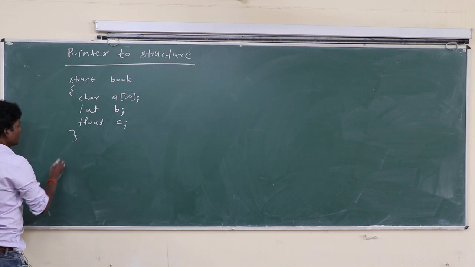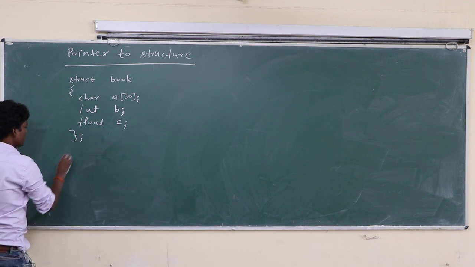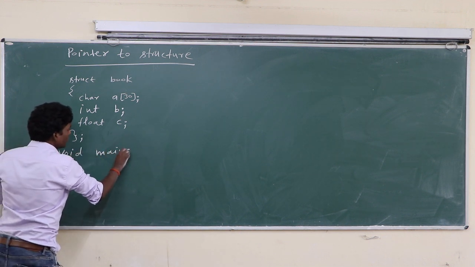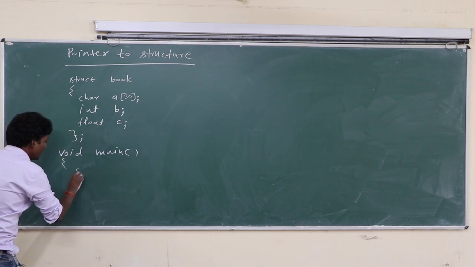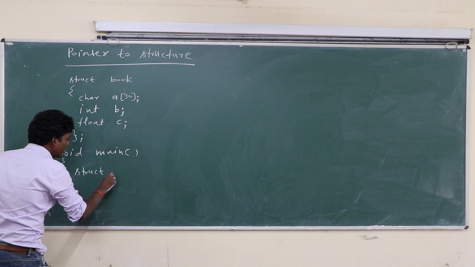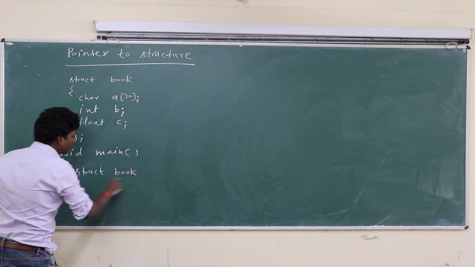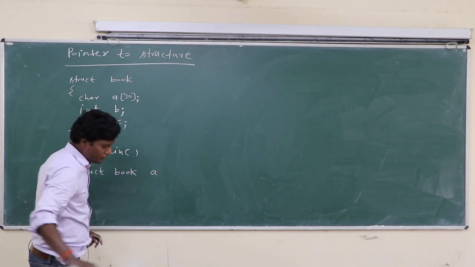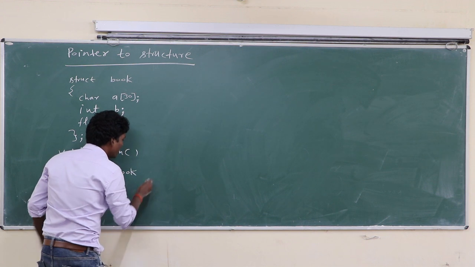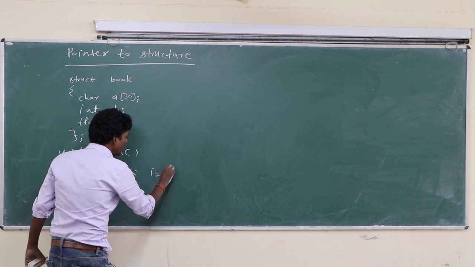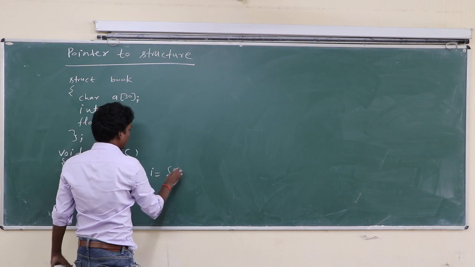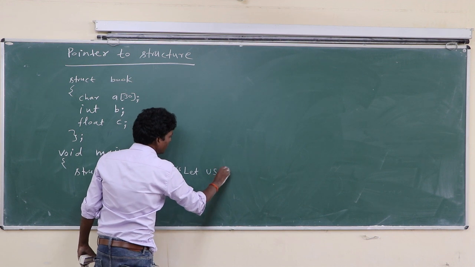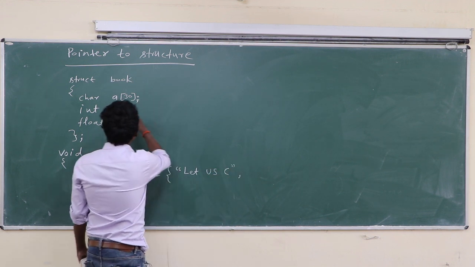Okay, now void main. Here we write struct book, this is the data type, and we declare a variable i equal to name, basically, let us see, and b is page.